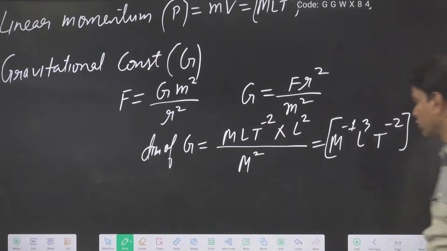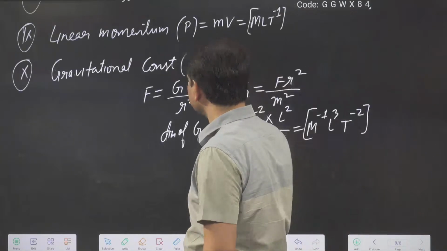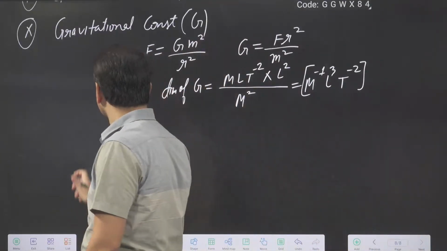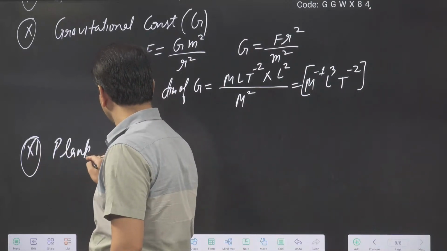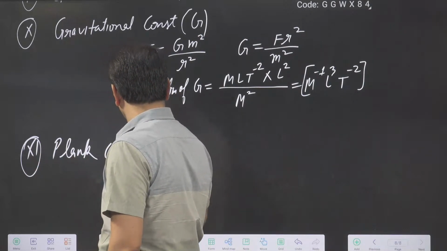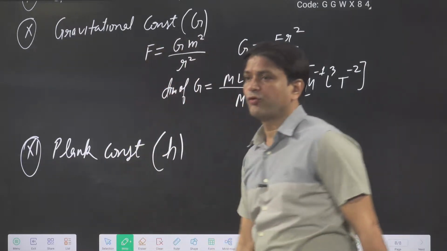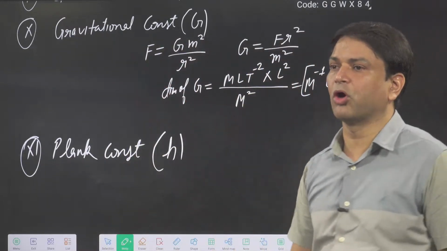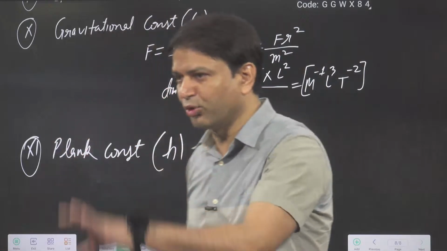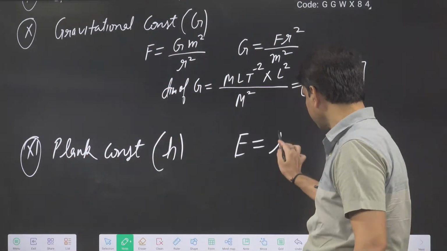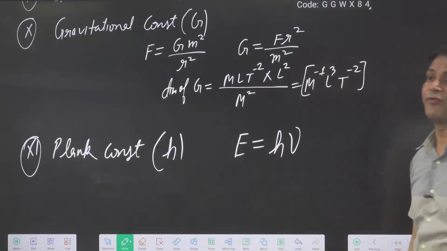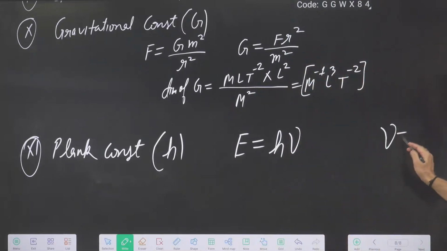Planck constant, how you will find the dimension? So for the Planck constant, simplest formula is what? E is equal to h nu. It is the simplest formula for the Planck constant. E is equal to h nu, where nu is the frequency. Frequency is what? 1 upon time period.